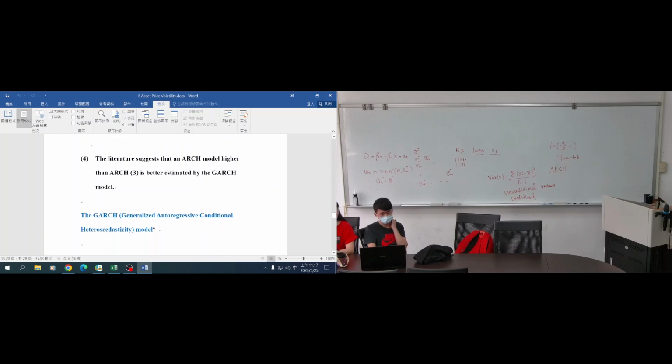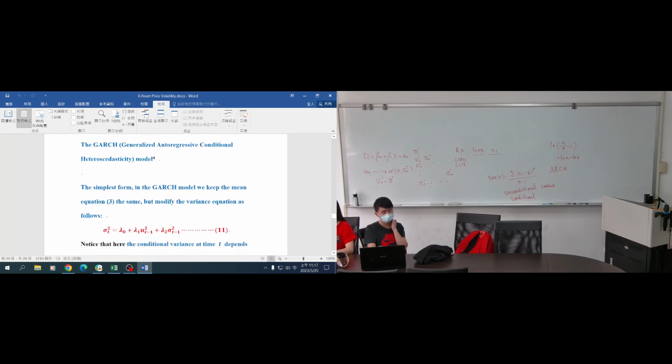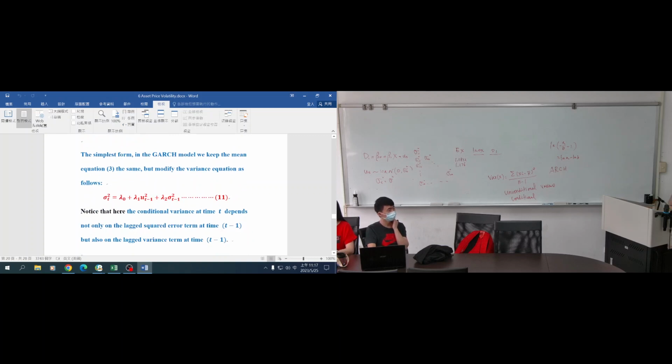So GARCH means generalized ARCH. The simplest form of the GARCH: before, we just had up to this one, right?